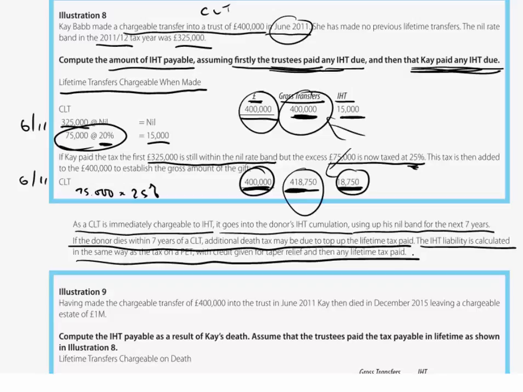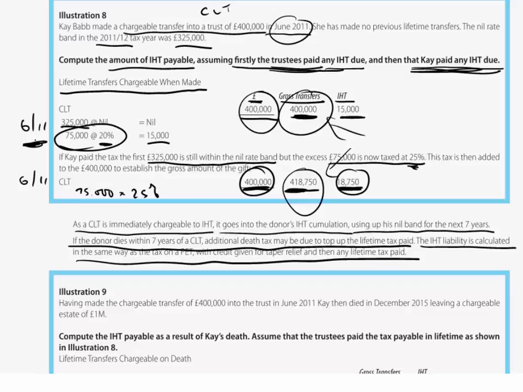If you had made another CLT within, in illustration 8, 7 years of June 11, so you were silly enough to make it, say, in June 17, therefore just 6 years further on, then assuming the nil rate band is still 325, any amount and all of that transfer would be fully taxable, be it, as we said, at 20 or 25%.